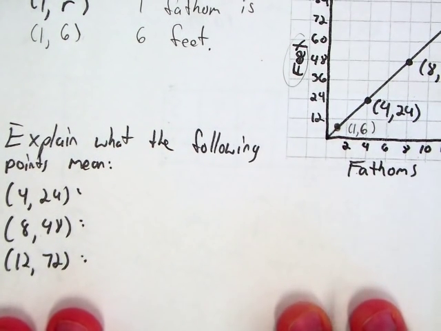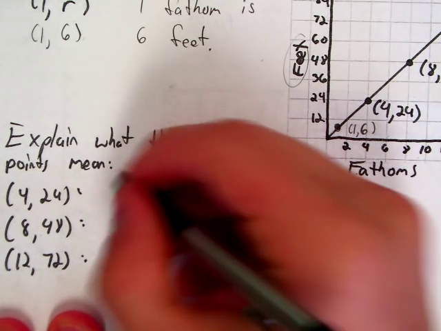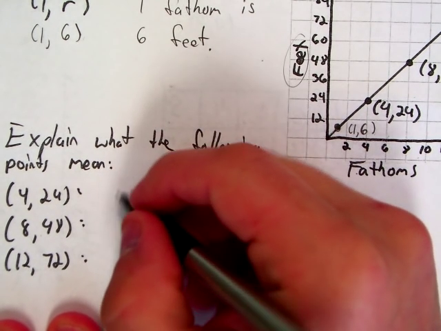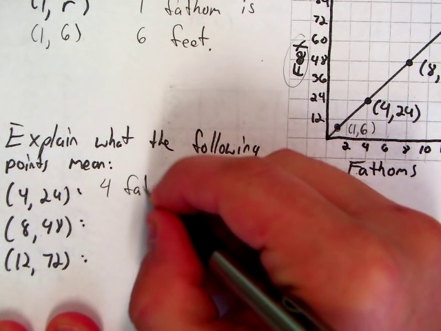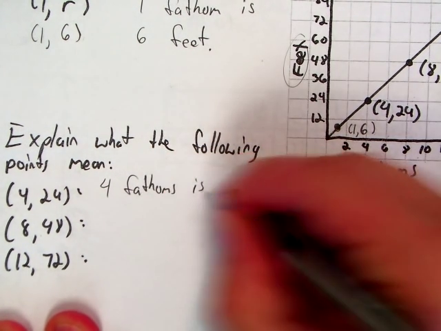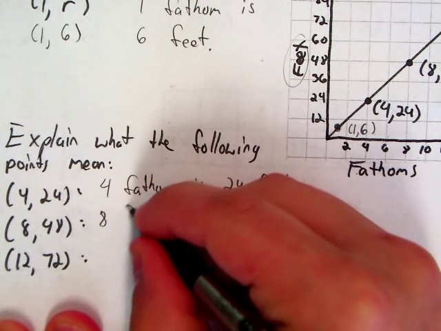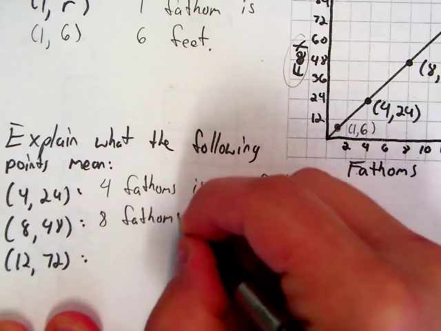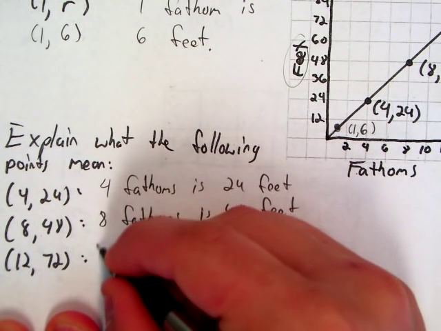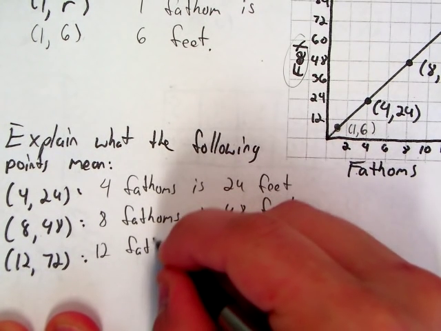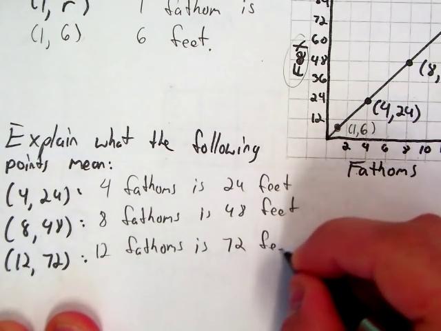Last part here, explain what the following points mean. (4, 24), (8, 48), (12, 72). Well, if we look back at part 1, 1 fathom was 6 feet, so 4 fathoms is 24 feet. 8 fathoms is 48 feet. And 12 fathoms is 72 feet.